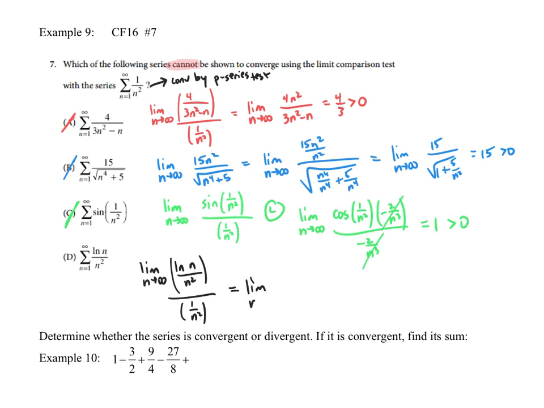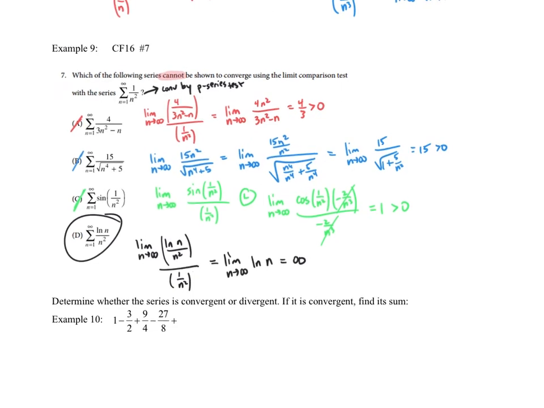You end up simplifying this to the limit of the natural log of n, and that is going to be infinite, and so therefore that's going to be our answer. We cannot use the particular one to show convergence of letter D.